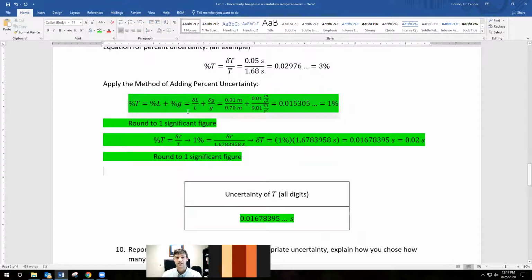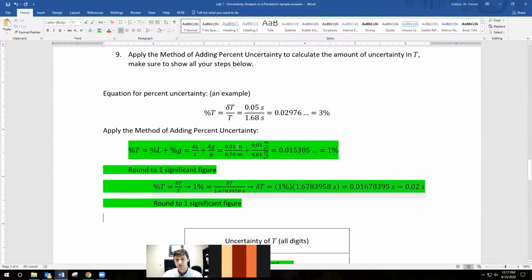I've highlighted the main steps there that are satisfying the question. The unhighlighted parts are a little bit of background.